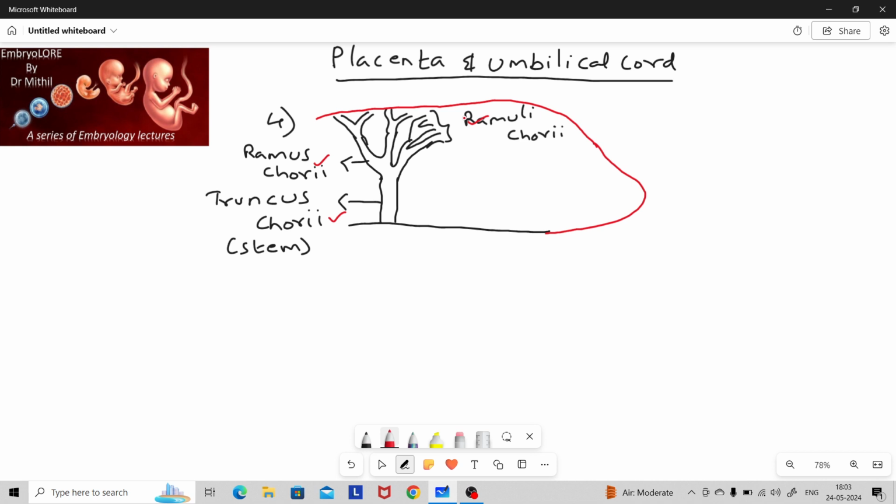But when we get a chance to see the placenta with our naked eye, we can see what are called cotyledons. Numerous subdivisions can be observed, which are called the cotyledons, also learned under the lobulation of the placenta. So in this picture, let me try to explain here.